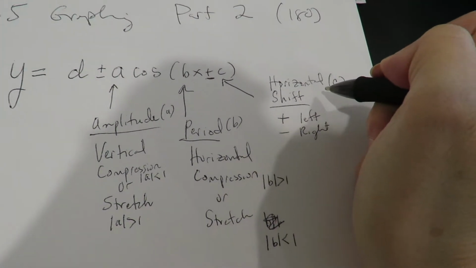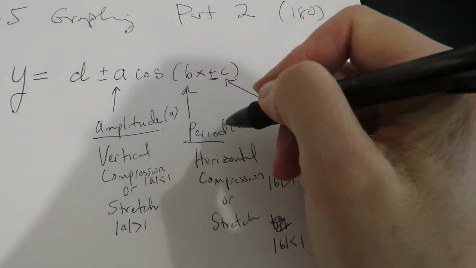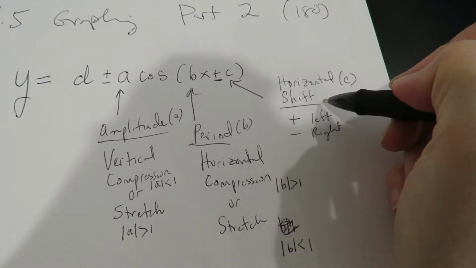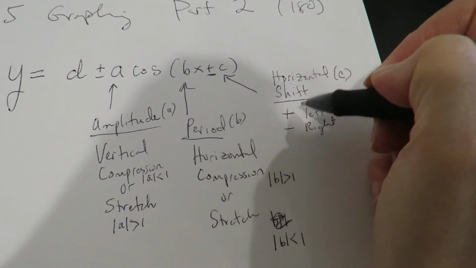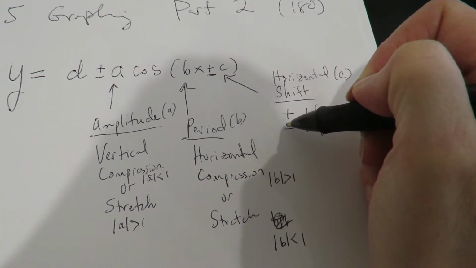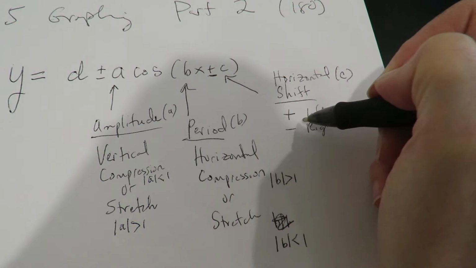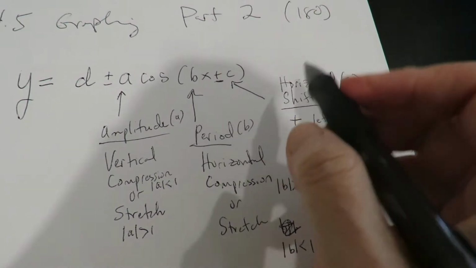Now, the horizontal shift is not going to show up as clear because if you have both a B and a C, the horizontal shift is going to be a blend of the compression or stretch horizontally with the left-right movement. So that should sort of make sense to you.